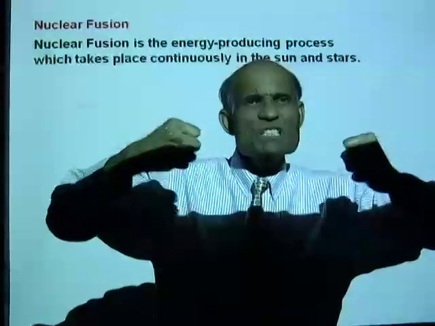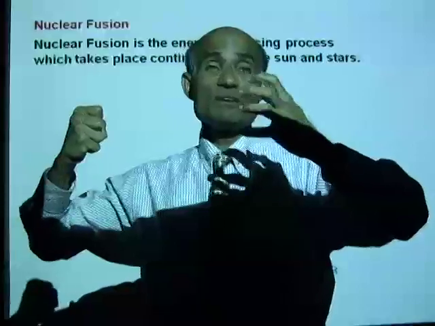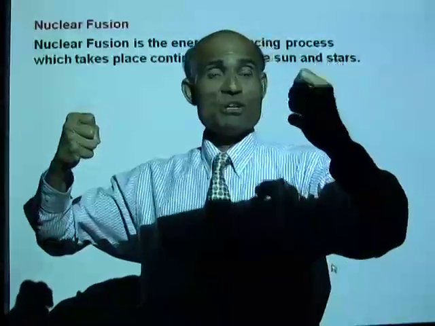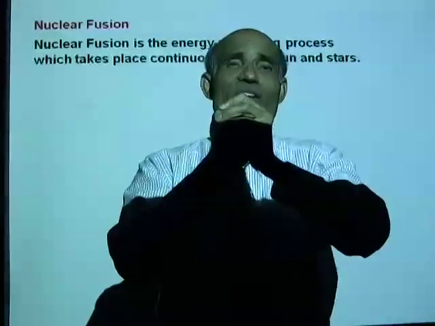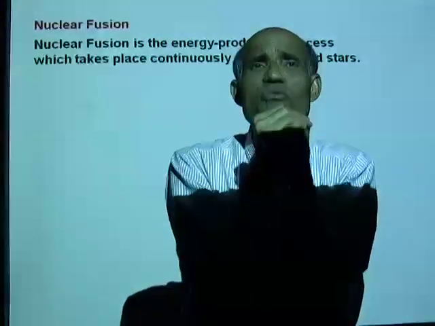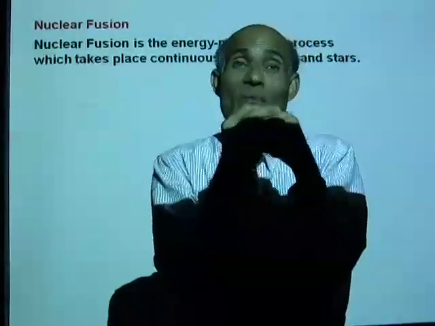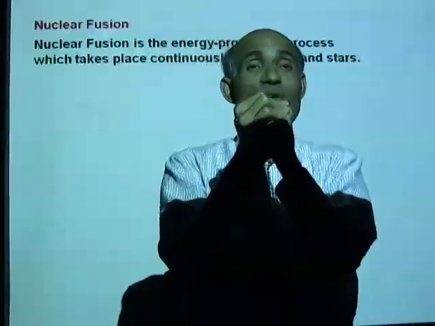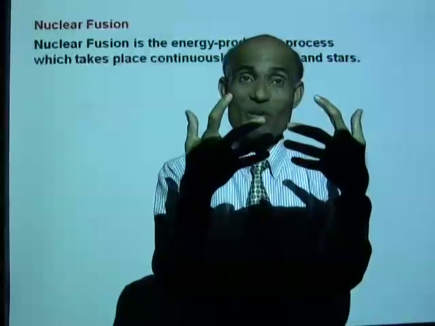The electrons are stripped off the atoms, and these nuclei, mainly hydrogen, will be traveling with tremendous speed, and they hit against each other and fuse to become deuterium, and then deuterium and deuterium will fuse to become helium. So this is the process of star formation.